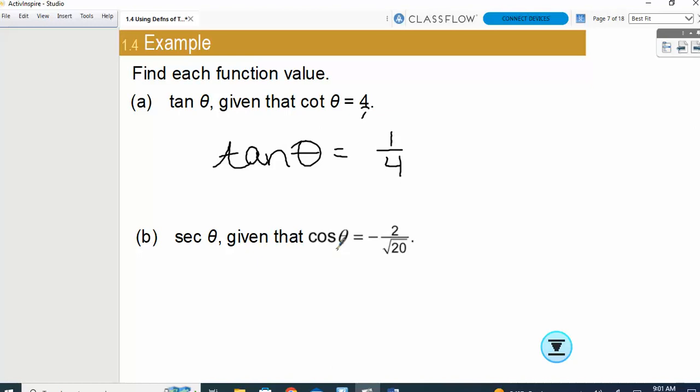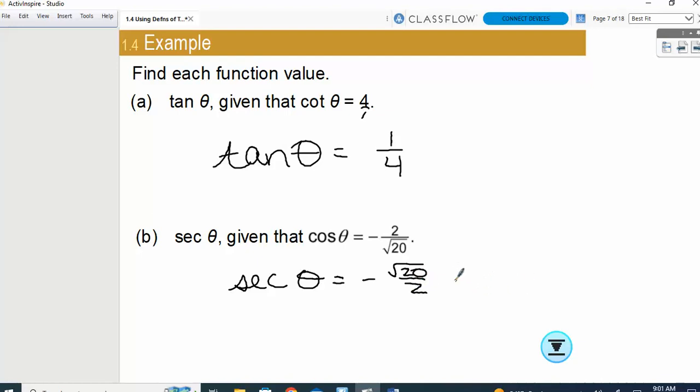Alright, if cosine is -2 over the square root of 20, what is secant going to be equal to? Radical 20/2. We don't change anything except we flip it.